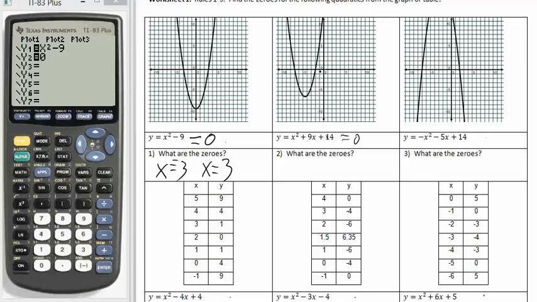So it's x is equal to negative 2, and x is equal to negative 7. Alright, I'll leave the last one on that row for you to do, but you're just looking for where it crosses the x-axis. And that would be the solution for when this is equal to 0.